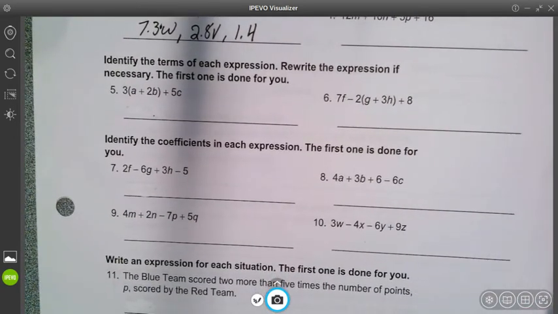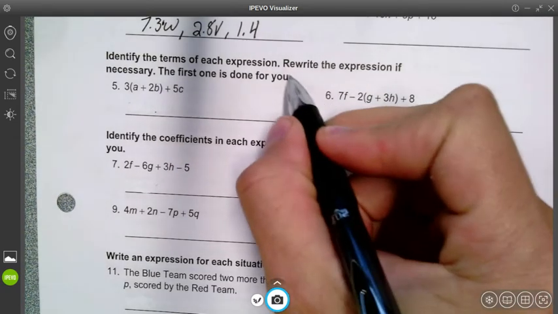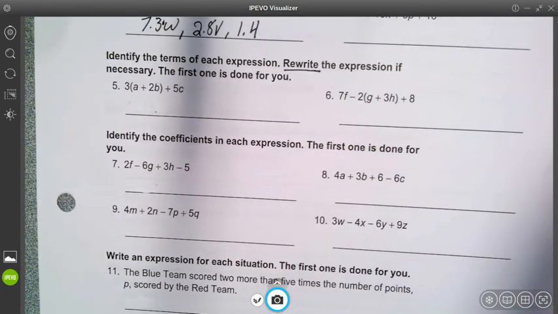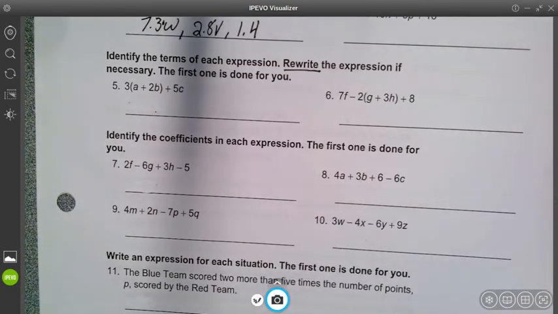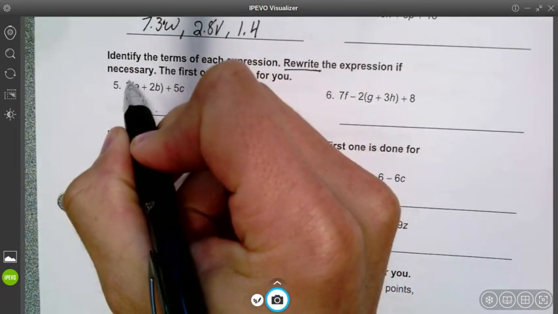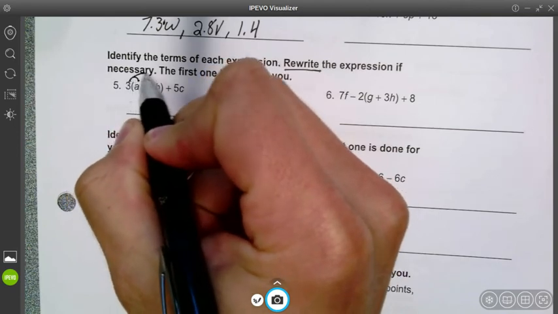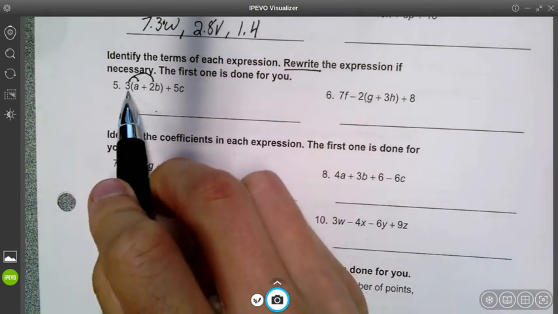Moving on to identifying terms in each of the expressions, when we have to rewrite the expression, this will give us a little practice in rewriting some things, okay? And maybe we're familiar with what's called the distributive property, where we have to distribute something to each place. Now this turns into 3 times.